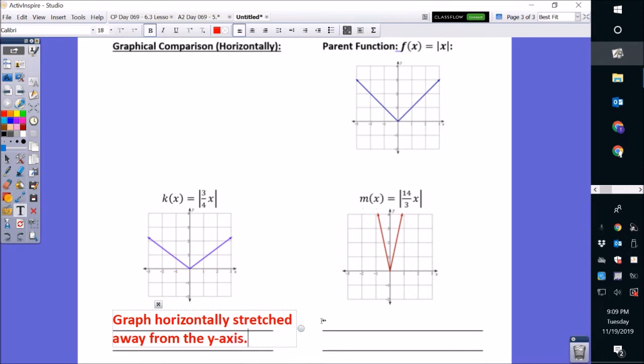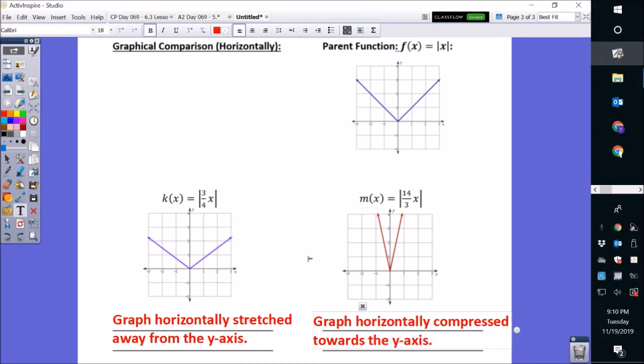And then for the bottom right graph, I would say graph horizontally compress, let me make a little bit of room, so towards the y-axis.